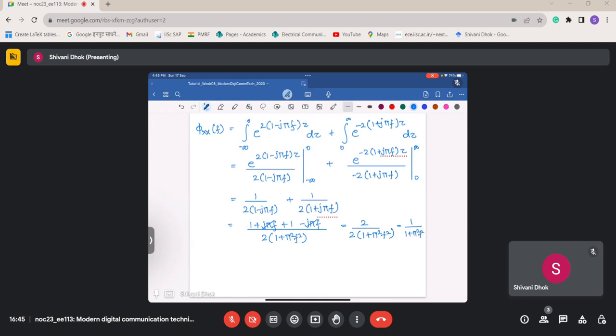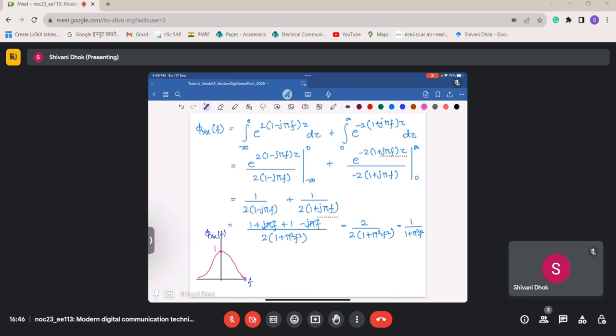Now if you observe carefully, this thing decays with 1 by f square. That is, this PSD equation that we have obtained will look something like this. At f equal to 0, this will attain a value of 1. Let me write it properly. This will be my phi xx of f, this is f, and as we tend to infinity, this thing will go to 0, something like this.